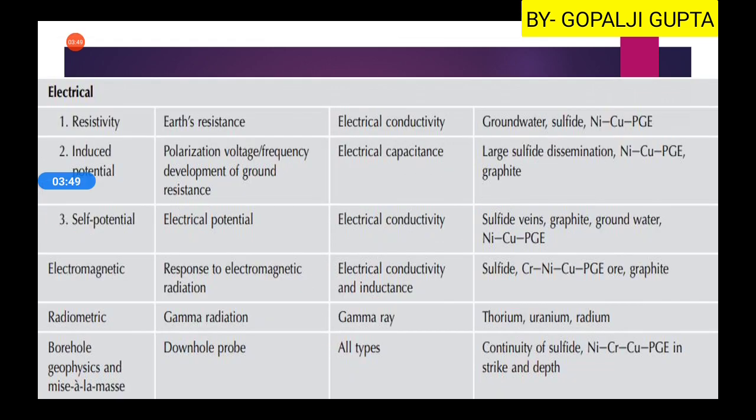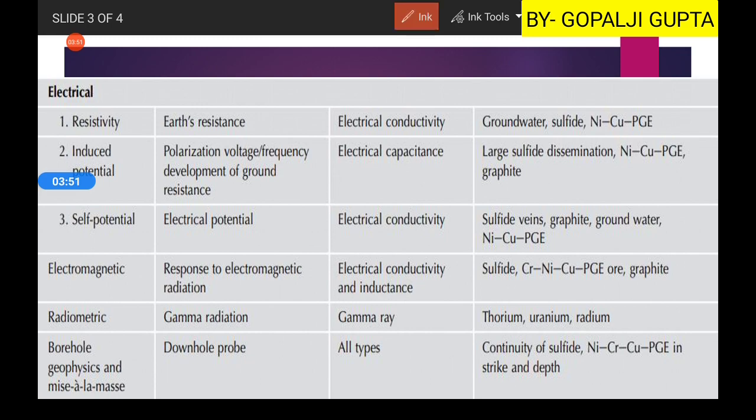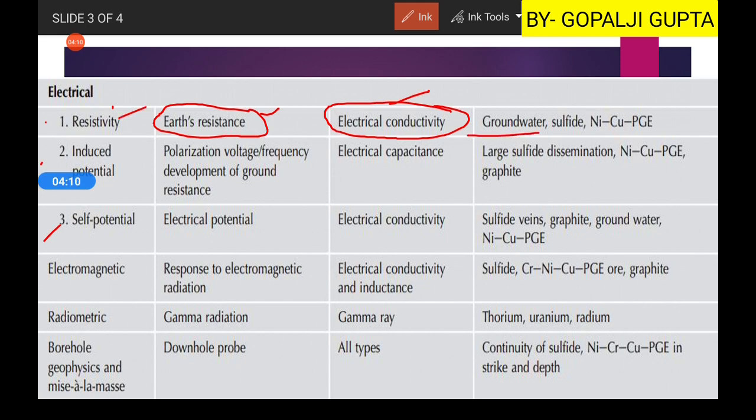Now next there are some electrical surveys like resistivity, induced polarization, self potential. In the resistivity survey we use the earth's resistance, and we get the electrical conductivity of rock, and by using this resistivity we can identify groundwater, sulfide as well as nickel, copper, PGE.